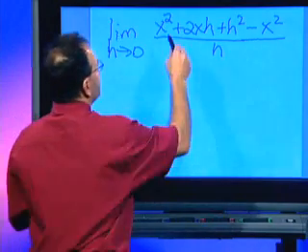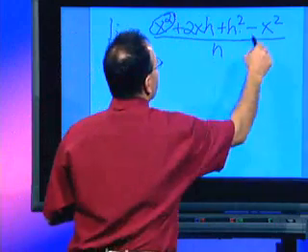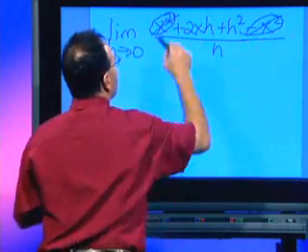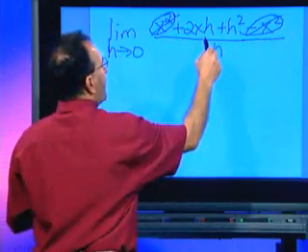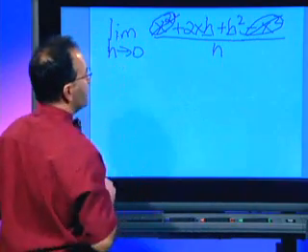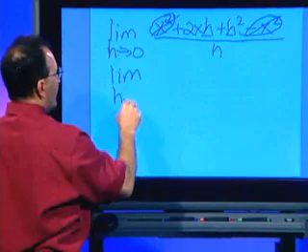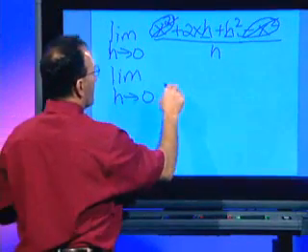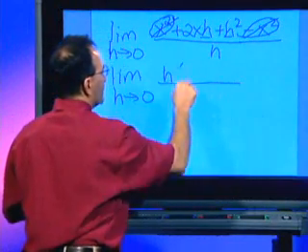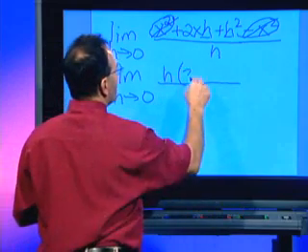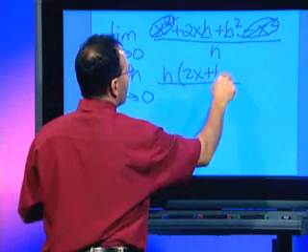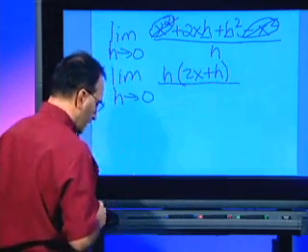So now the x squareds go to 0. I can factor out an h from each of these terms. That gives me the limit as h goes to 0 of h times the quantity 2x plus h all over h.